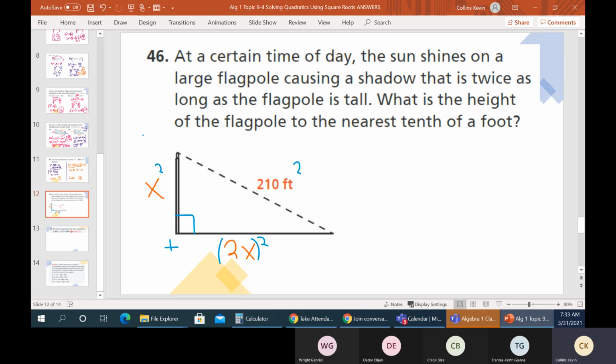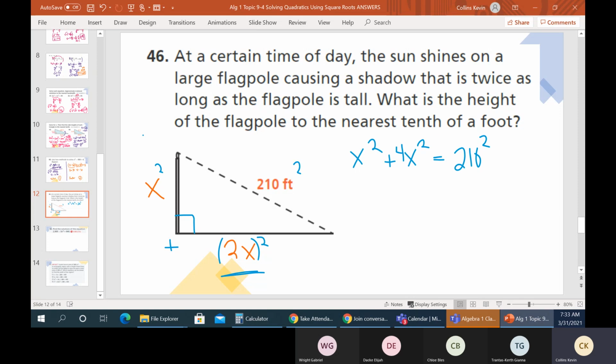So hopefully it's not leaning one way or the other. All right, so the first guy is just going to be x squared, right? We've squared this guy like 3 times now. So 2x quantity squared, that means parentheses around it, is going to be plus 4x squared. And that equals 210 squared.